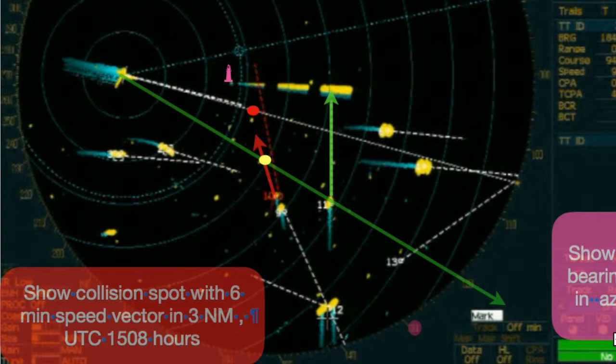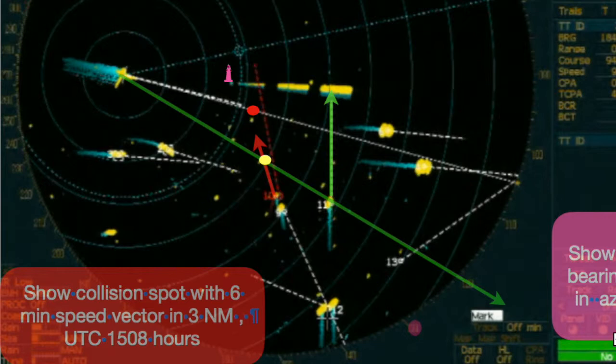No matter what time, where two ships' speed vectors cross each other, the crossing point is the collision point. Whether a collision happens or not depends on whether these two targets arrive at the collision spot at the same time. Then there will be a collision. If the two targets arrive at the collision spot at different times, that is the safety margin.